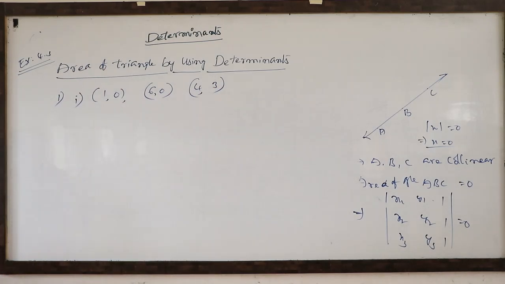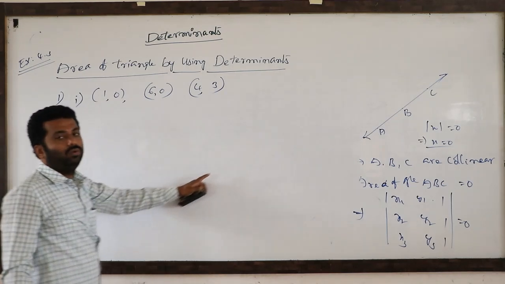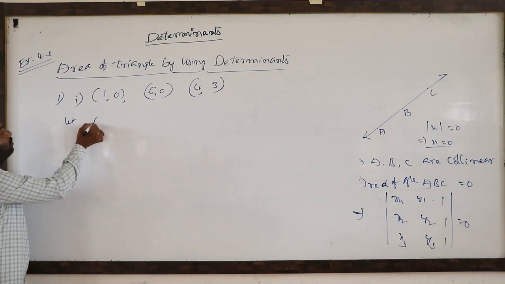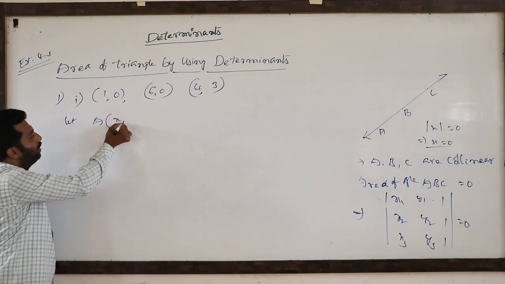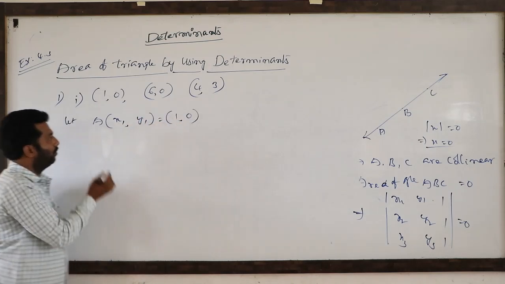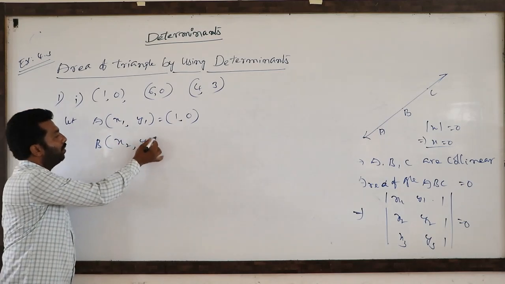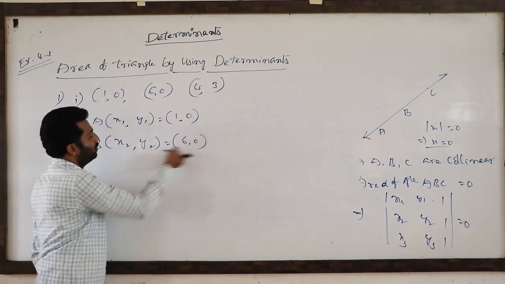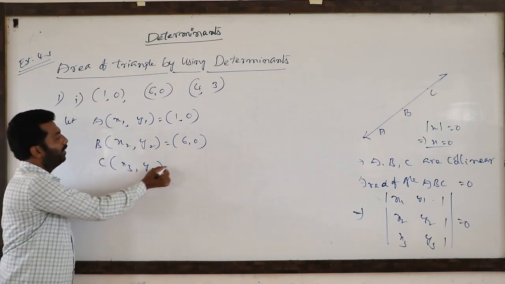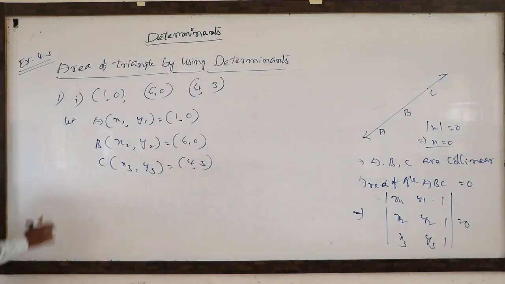By using determinants, we have to calculate the area of the triangle whose vertices are given like this. First we assume: let x1, y1 equal 1, 0. Second vertex x2, y2 equal 6, 0. And third vertex x3, y3 equal 4, 3. So we assume like that.